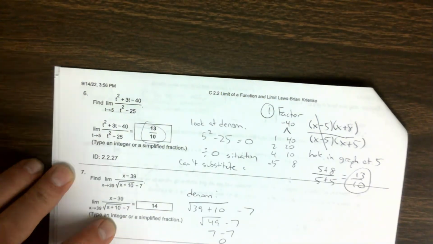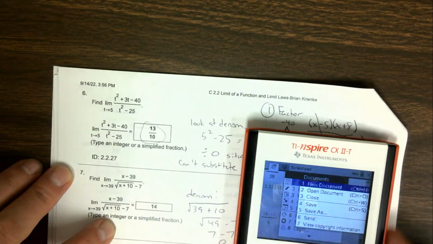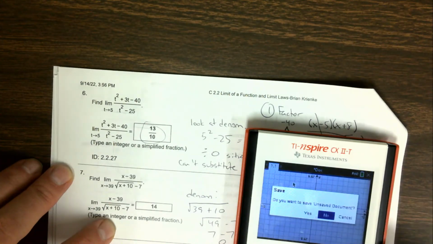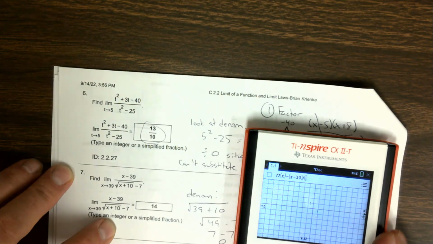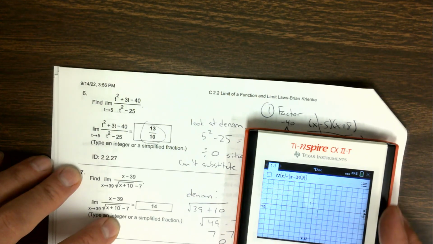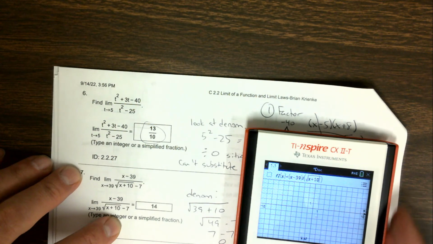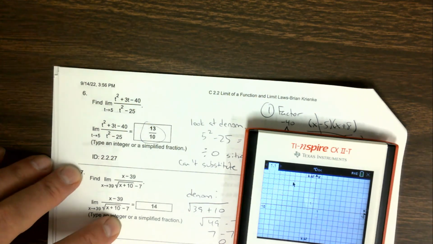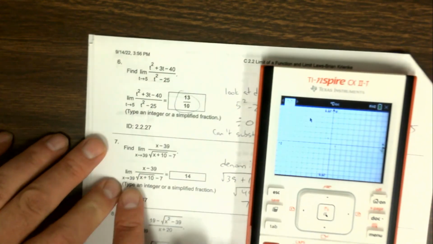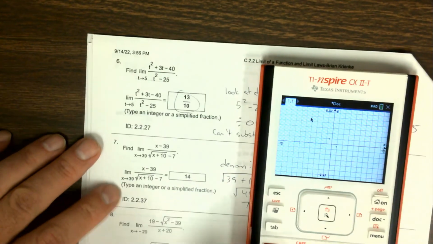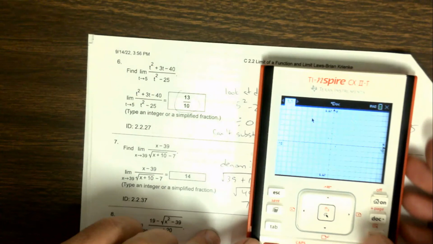So let's try graphing x minus 39 divided by parentheses the square root of x plus 10 and then minus 7. Okay, so that didn't show up, but we want when x is approaching 39. So we can move our window out.